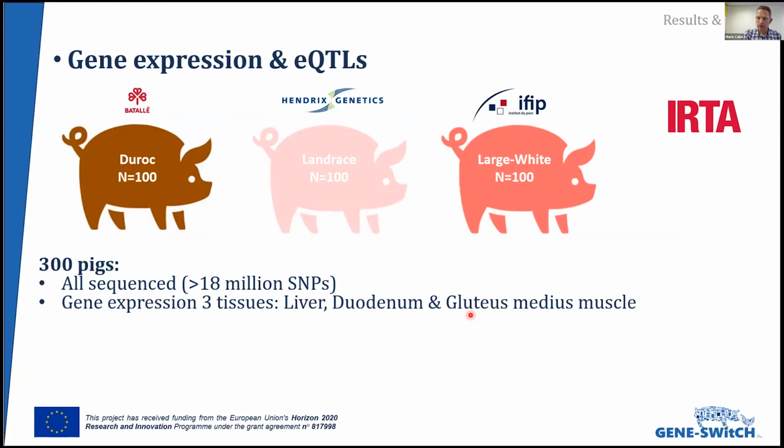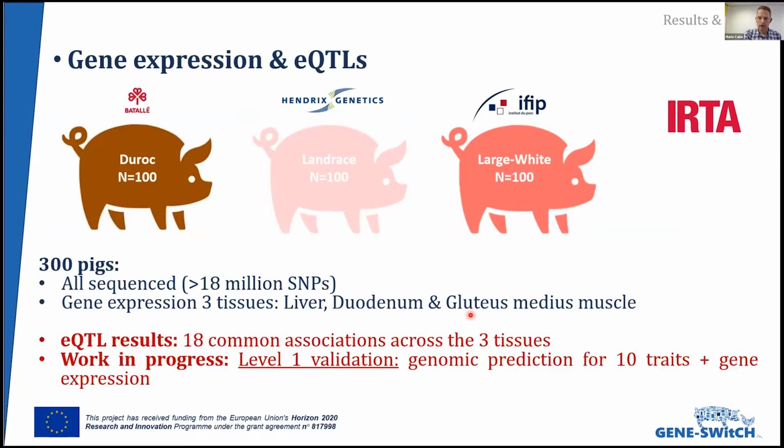What's been done with this data so far is, first of all, the eQTL mapping, and there in total 18 associations have been found that are consistent across the three different tissues. There were very many eQTL found, but a total of 18 are very consistent in all these different tissues.